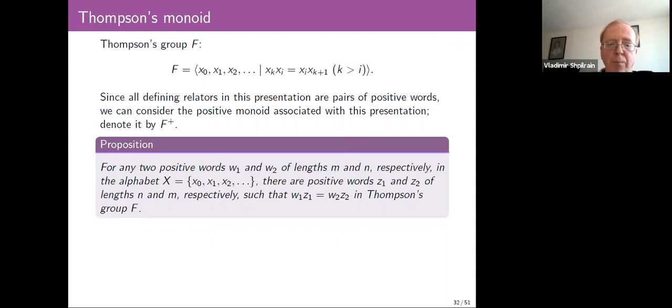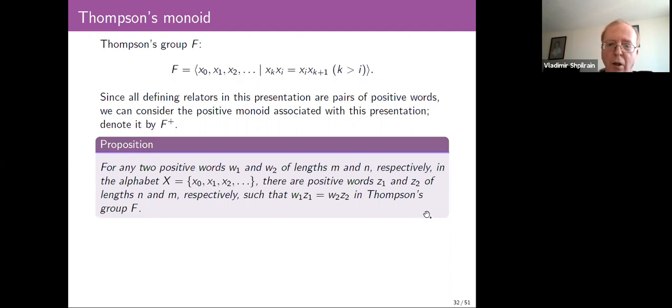This is a proposition: for any two positive words of lengths m and n respectively in the standard generators, there are other positive words Z1 and Z2 of lengths n and m respectively, such that this equality holds. So it's sort of an or condition, in semigroup theory language, and it's an or condition in a very strong form.